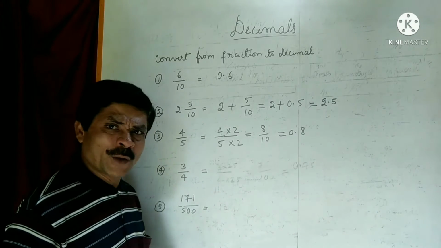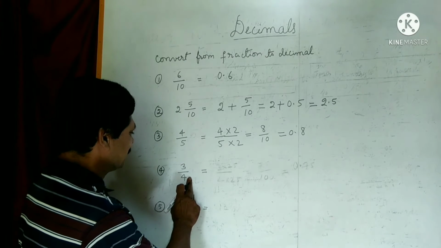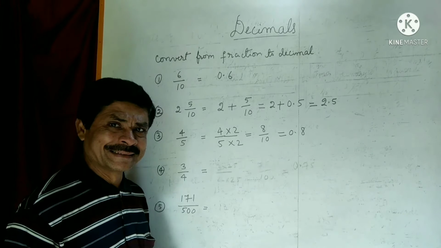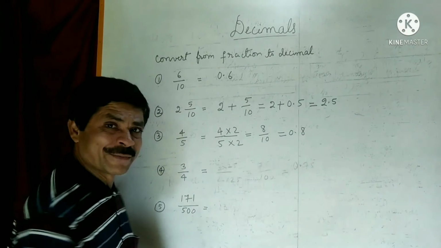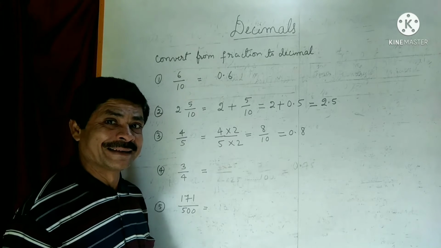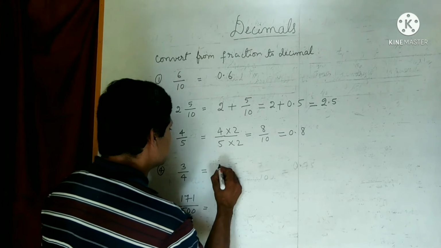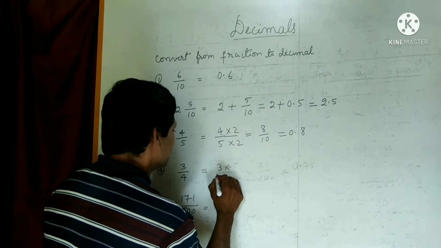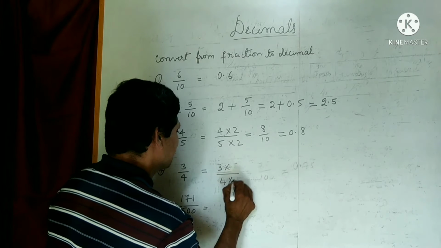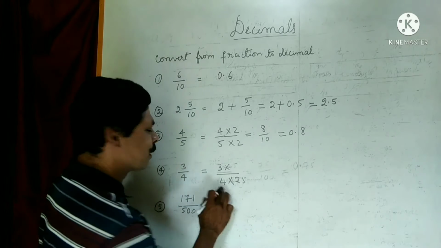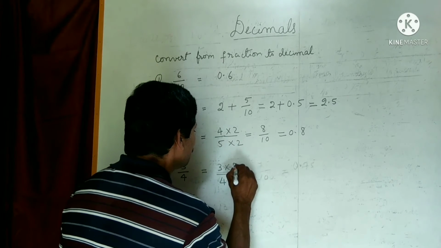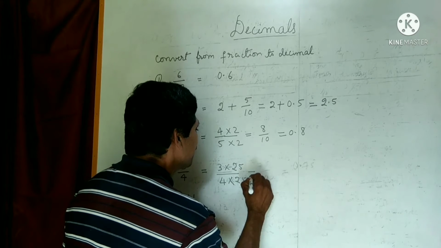Number 3, 3/4. Here the denominator is other than 10 or 100, so you have to find the equivalent fraction whose denominator is 10 or 100. So we will multiply by 25, 25 for the 100. 3 into 25 is equal to 75.